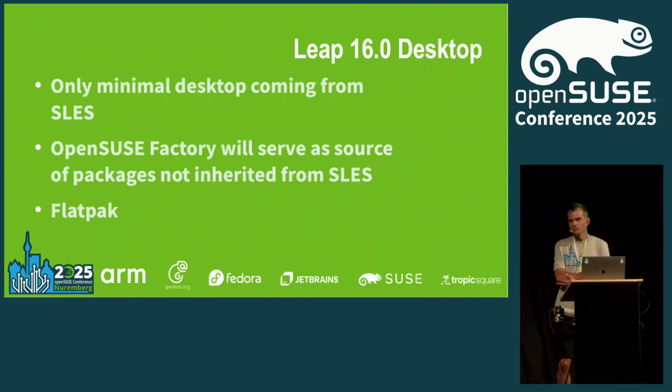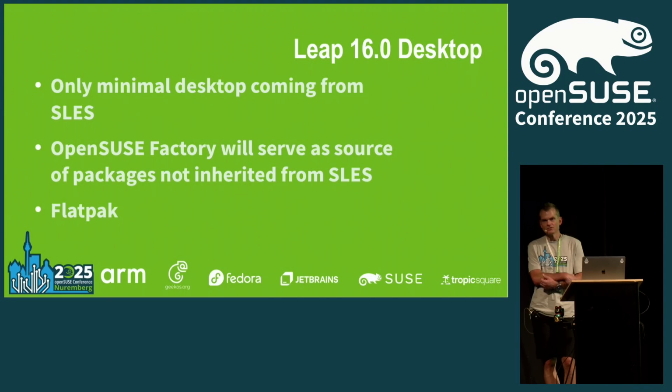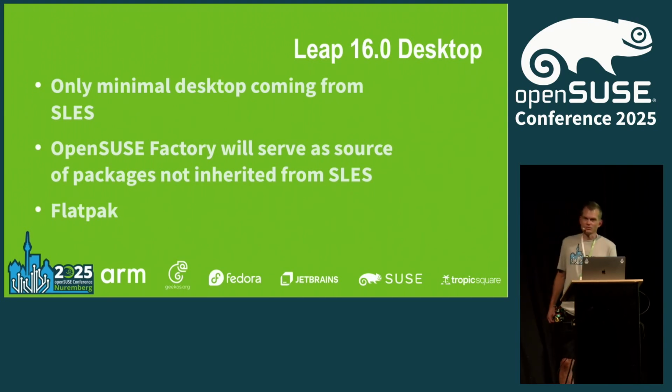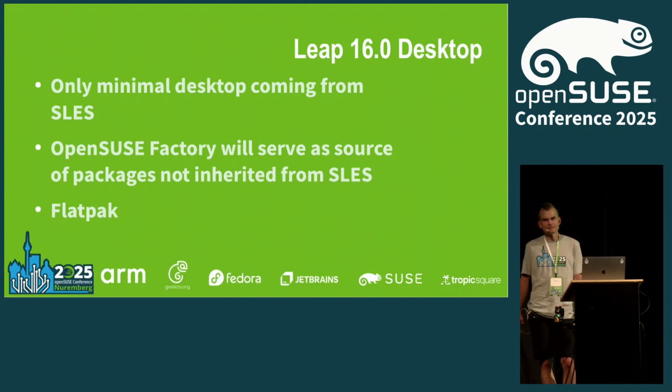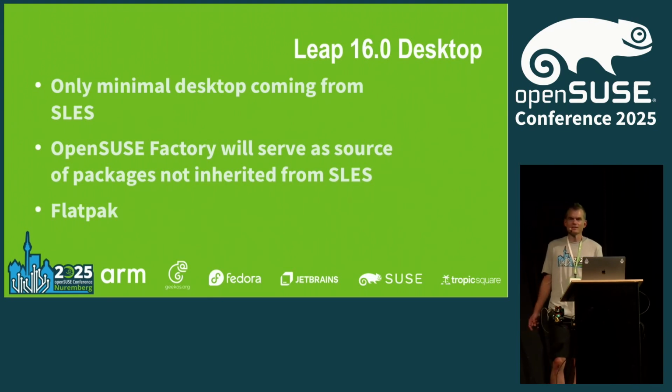But the openSUSE project has a great source of various kinds of packages, which is called openSUSE Factory, and Leap can grab packages from there, which also brings the advantage that Leap can use packages independently of the development pace of SUSE products.